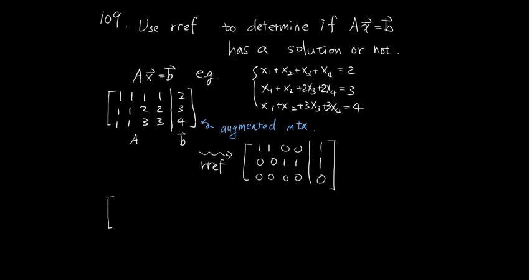But let's say we have the same A, but we choose a different B. This time, let's try it with 2, 3, 3. Okay, and then again you can do some reduced echelon form.